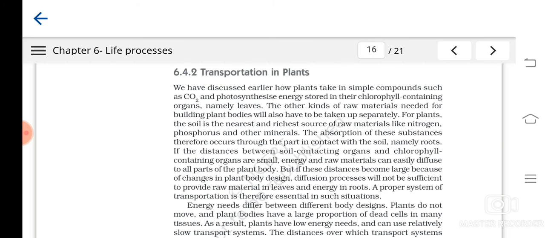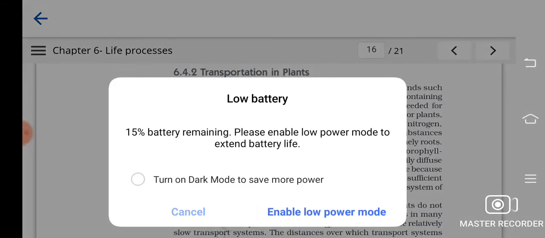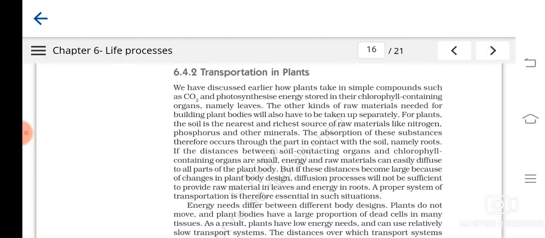So this transport of food from the leaves to different parts of the plant is known as translocation. What is it? Translocation. Okay, and it takes place through the phloem. Translocation requires energy, and because of this it is known as an active process.